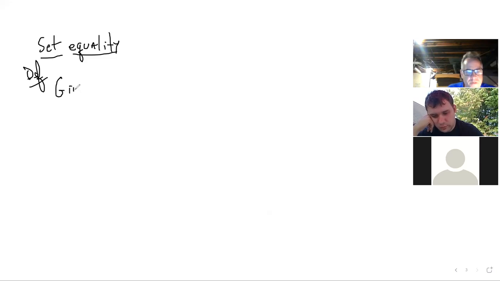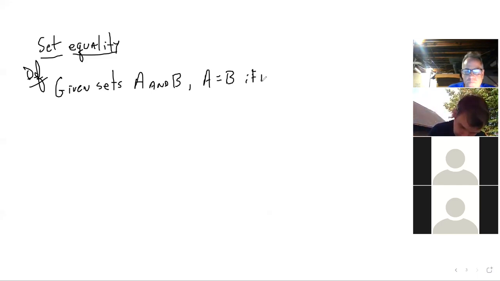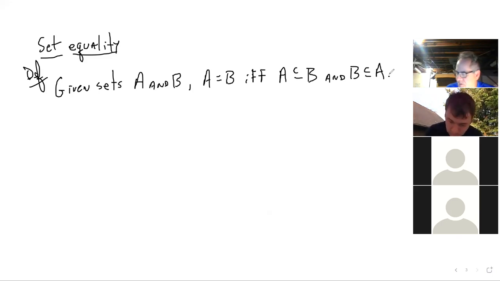So let's say given sets A and B, A equals B if and only if A is a subset of B and B is a subset of A. They're subsets of each other.